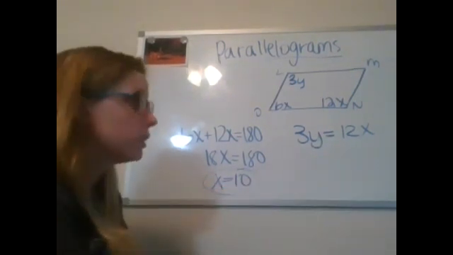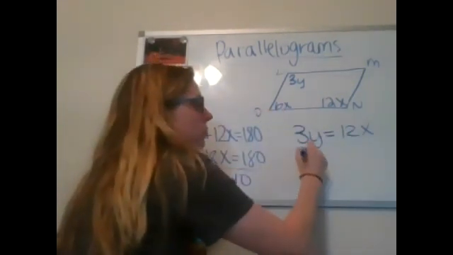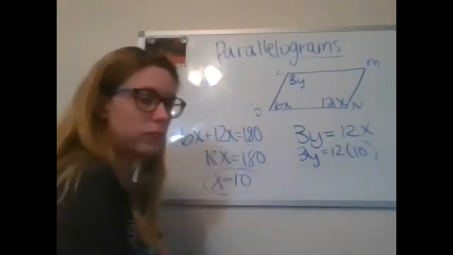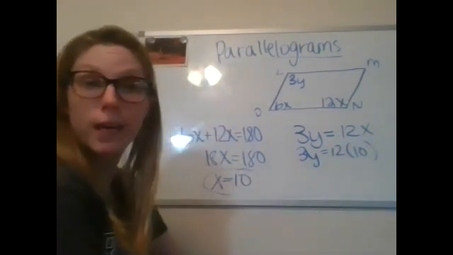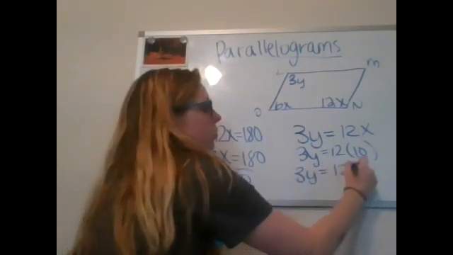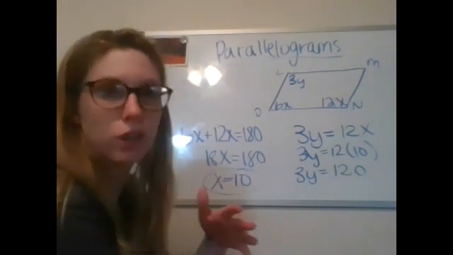First, I'm going to plug 10 in for x. So 3y equals 12 times 10. 12 times 10 is 120, so 3y equals 120. If you need to use a calculator, it's okay.